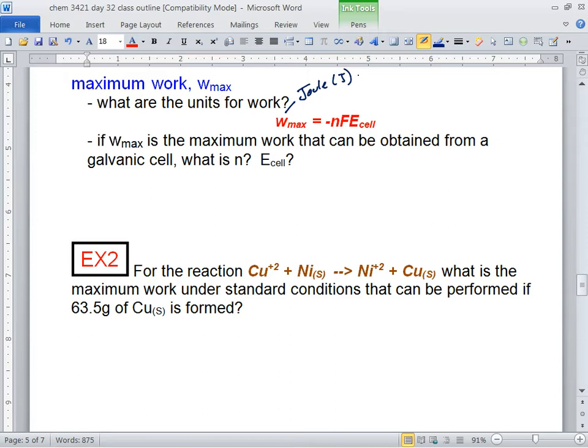If that's the case, and that's the equation for it, what's little n? What's E cell? Heck, we didn't even say what F is. Pick one, Marlena. Identify what any of these would be. How would you get little n, E cell, or F?